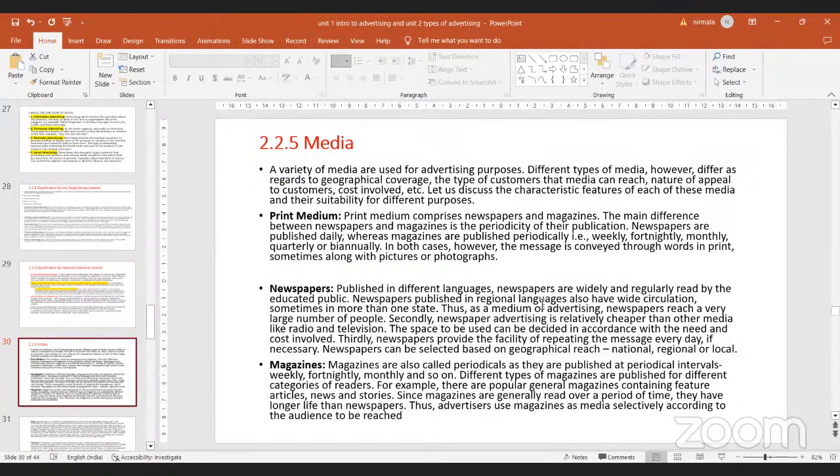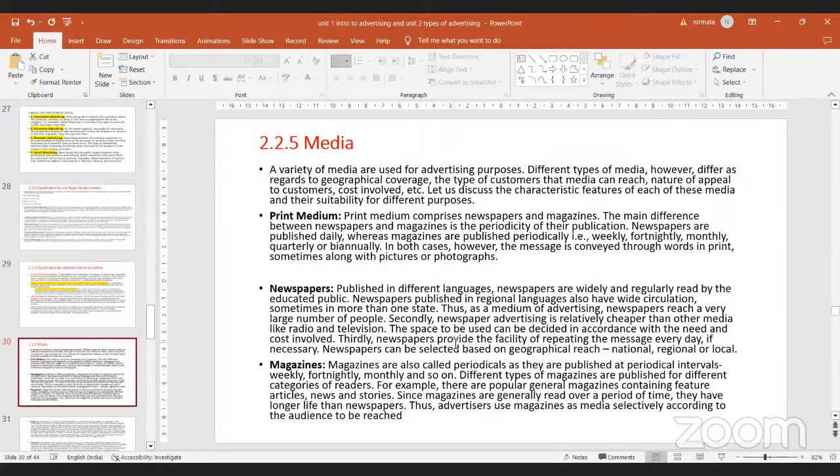And based on the media channels or media platforms you are using for your advertising, advertising is categorized into various types, like print media advertising. That includes newspapers and magazines, where the advertisements are printed.